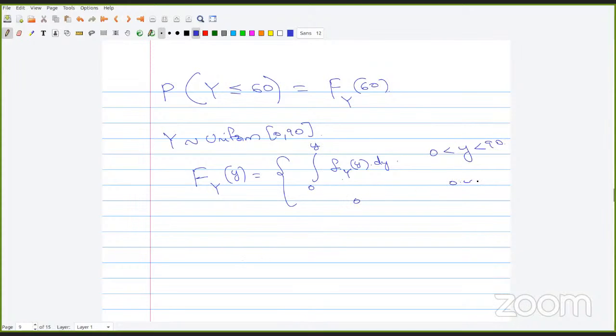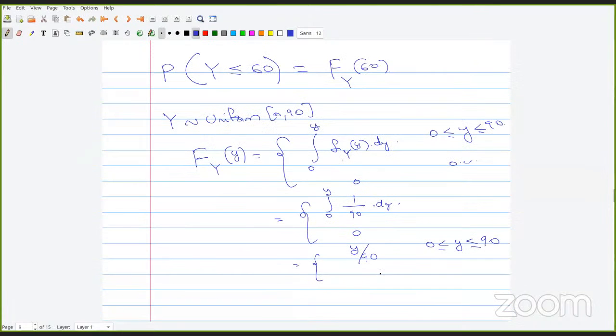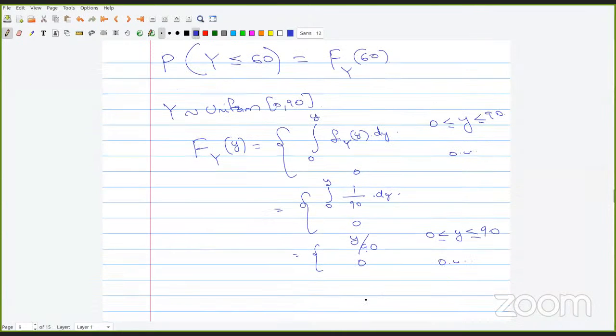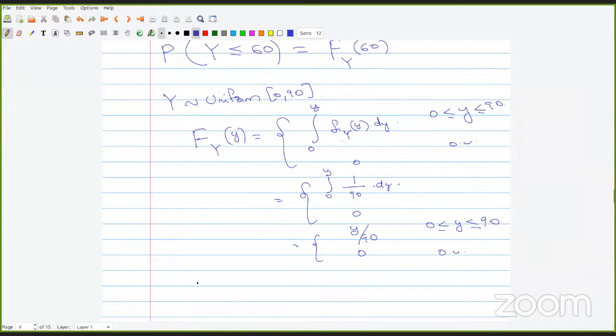Okay, so even though any process works, this will be the integral from 0 to y of 1 by 90 dy, and this will be y by 90 in the interval 0 to 90 and 0 otherwise. So we just have to plug in.